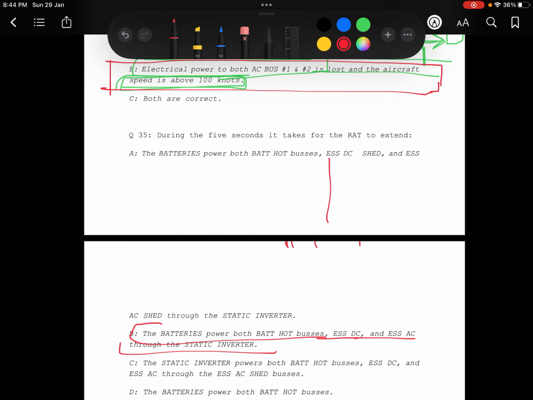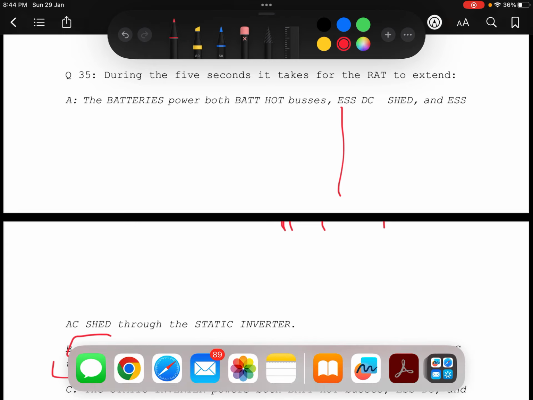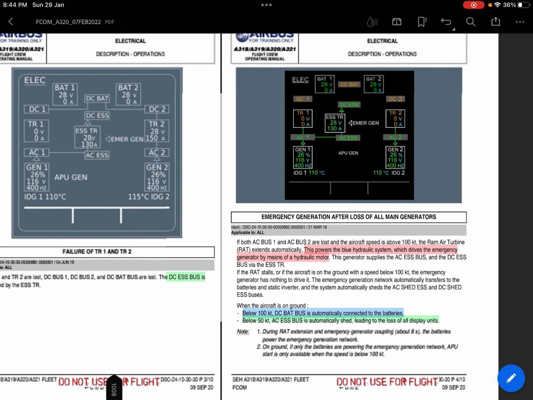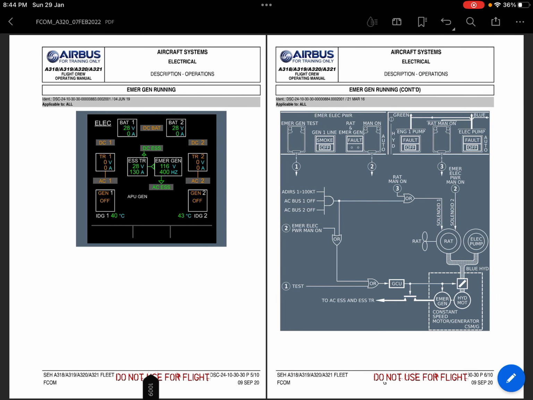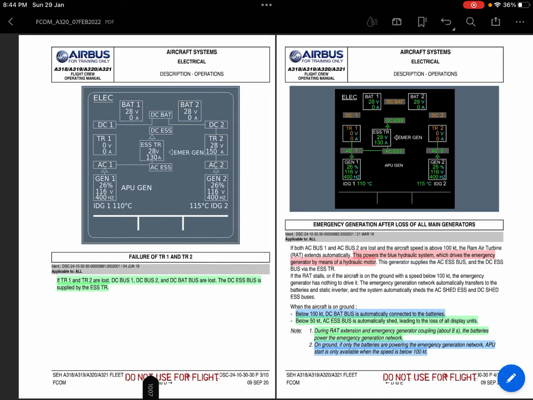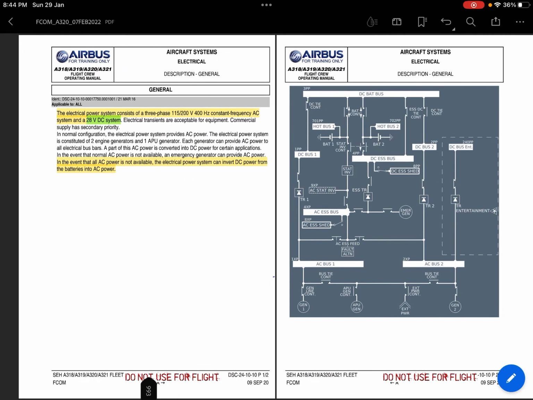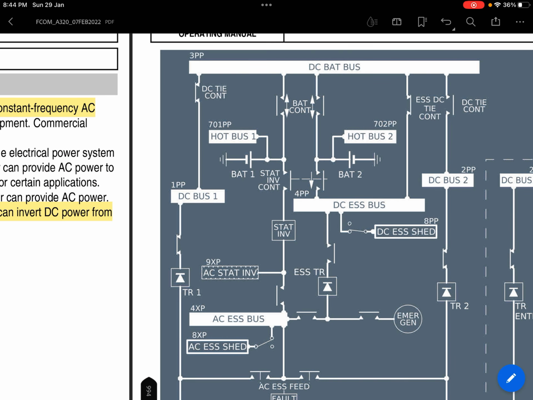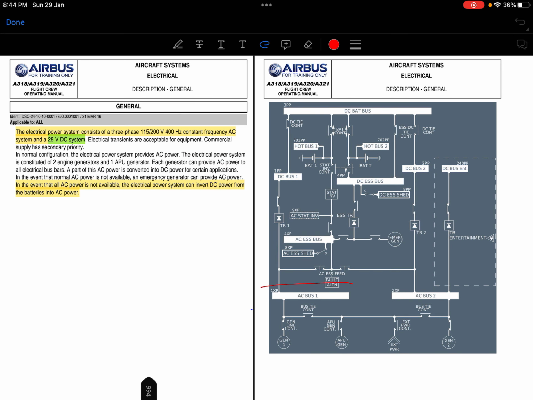So what happens is, when there is a power loss at AC bus 1 and AC bus 2, it takes about 5 seconds to actually deploy the RAT and then power the system. Till then, the batteries take over and supply the DC essential bus and AC essential bus. Now, what was the situation? There was a power loss at AC bus 1 and AC bus 2, so there will be no power right here.